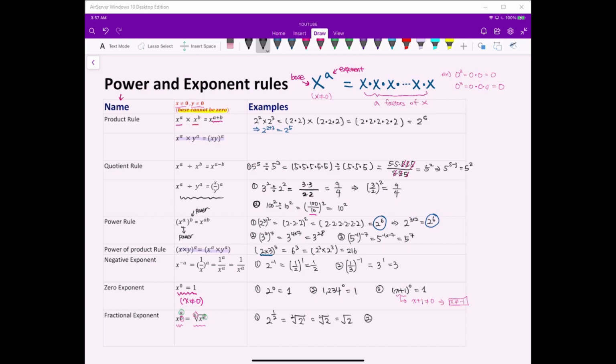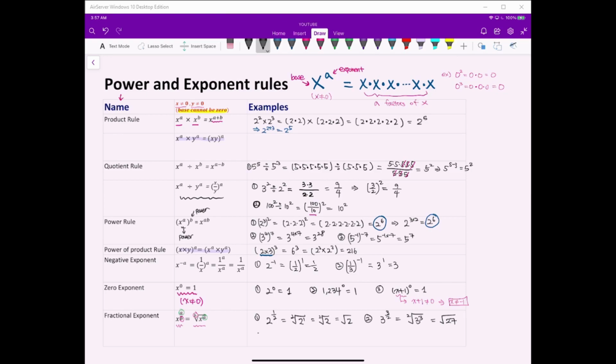Another example for this fractional exponent is 3 to the 3/2 power, which equals the square root of 3 cubed, which is the square root of 27.